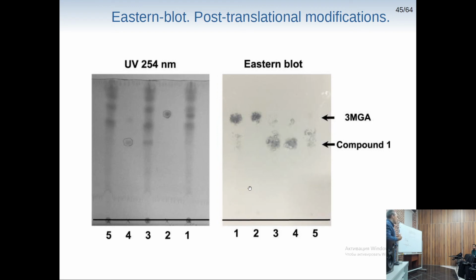But there are special chemical agents which can chromogenically stain some of such modifications. So Eastern blot is not used much. It's just a kind of Western blot which allows you to see post-translational modification. We actually can use some antibodies to do the same work, right? So it's possible to do so.